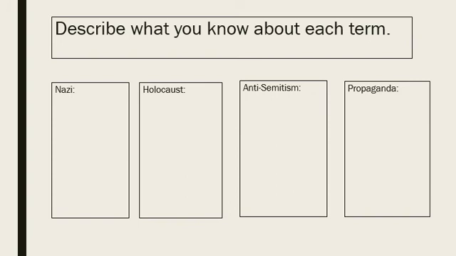They were responsible for the Holocaust, which was the mass extermination of anyone that they didn't deem German. Anti-Semitism, we know that anti means against, and Semitism is in reference to the Jewish culture. So anti-Semitism is being against Jewish people or Judaism.